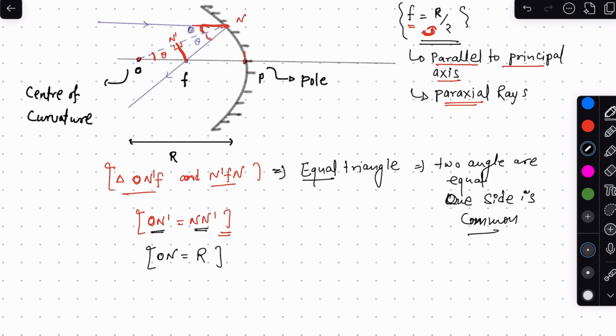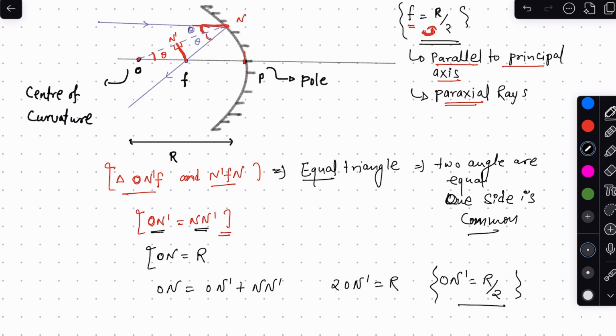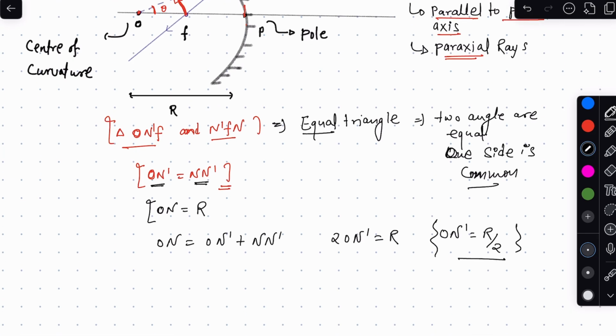So ON is equal to R. And then of course we can say ON is equal to O n dash plus n n dash, and they are equal. So 2 times O n dash is equal to R, so O n dash is equal to R by 2, right? Okay, we got this O n dash.